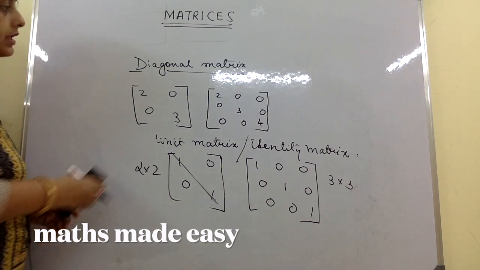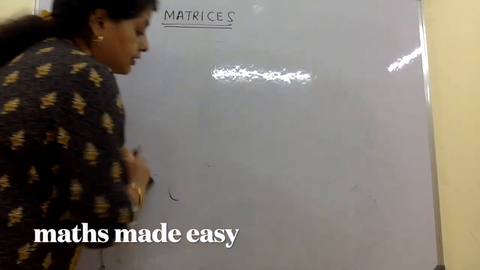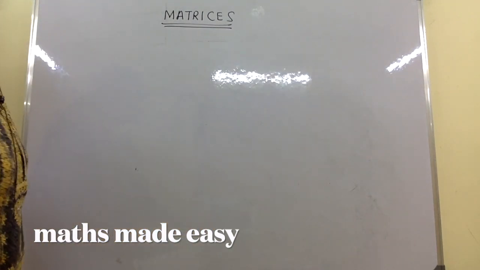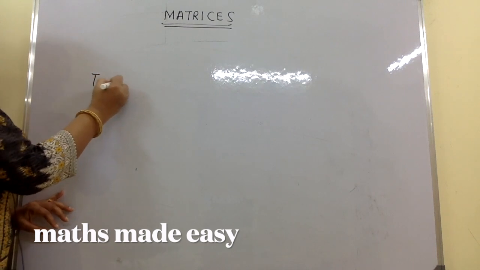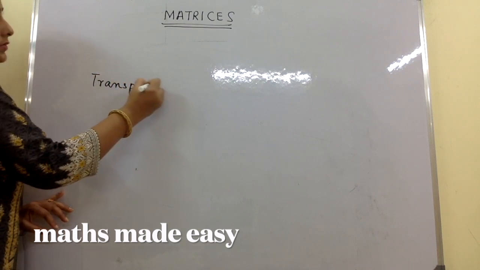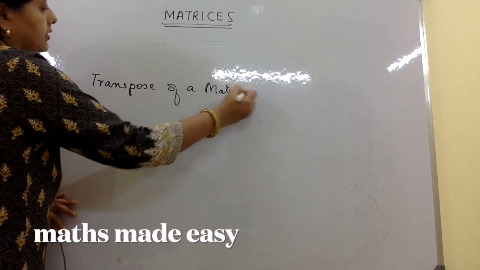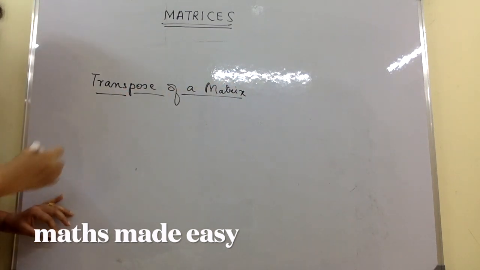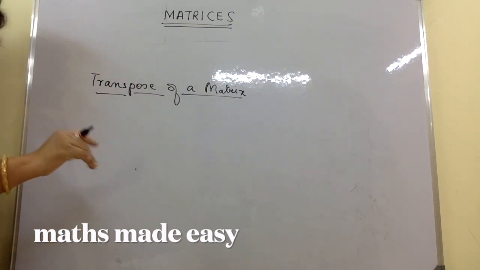Now, transpose of a matrix. What is the transpose of a matrix? The transpose of a matrix is obtained by interchanging the rows and columns.